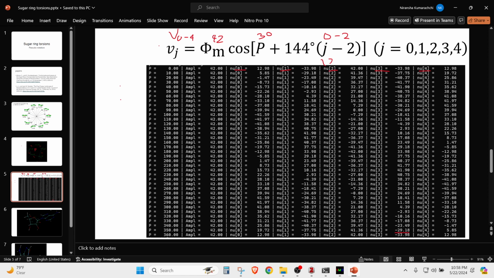So let's look into the P and mu0, mu1, mu2, mu3 in the actual values. I'm going to move this one here a bit.